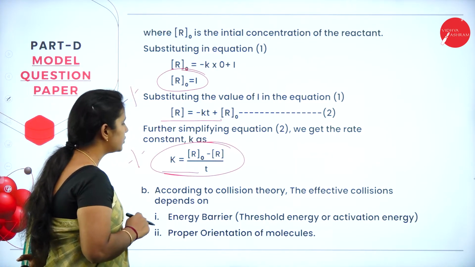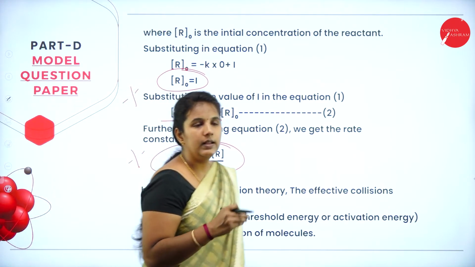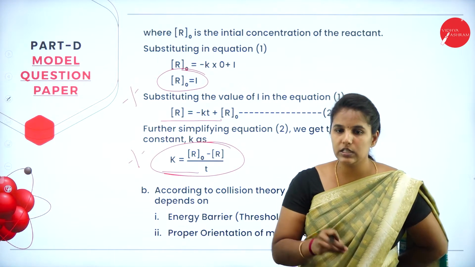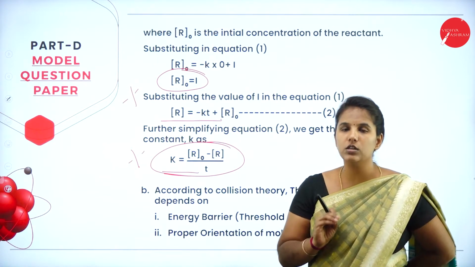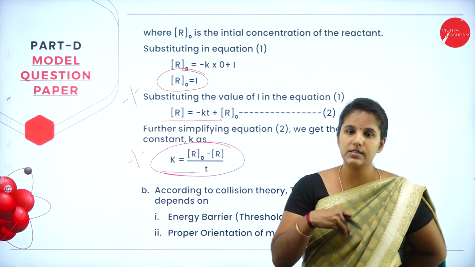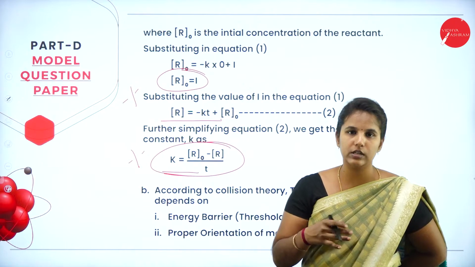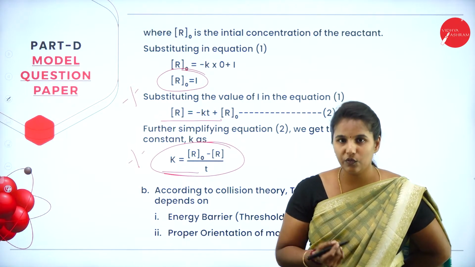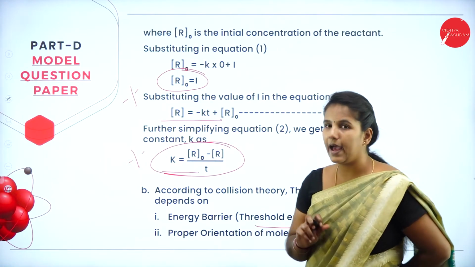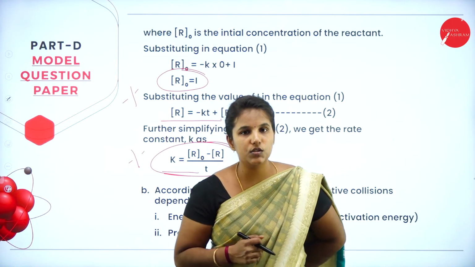Coming to the second question, we all know that the collision of the molecules will be effective only when the molecules undergo effective collision. If the molecules are in the proper orientation, then the collision will be very high, and the molecules should have activation energy.